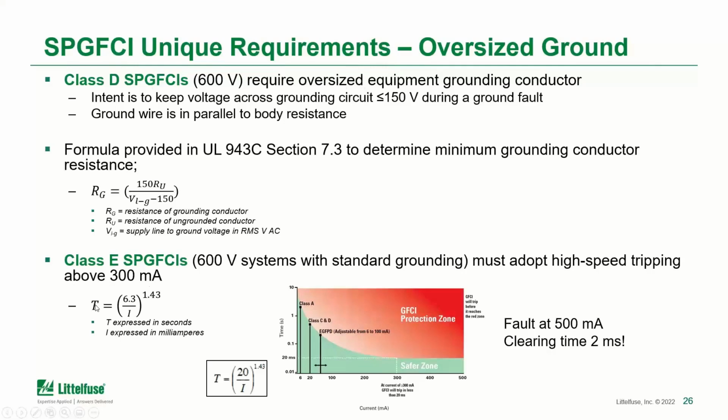With those Class E devices, once you go above that dotted line, above 300 milliamps, you have to trip under the new supplied formula, 6.3 over I. As an example, at 500 milliamps, that's a complete detection and clearing time of 2 milliseconds, which is extremely fast. So that's a specific requirement for Class E systems if you're utilizing standard grounding without the additional sizing.